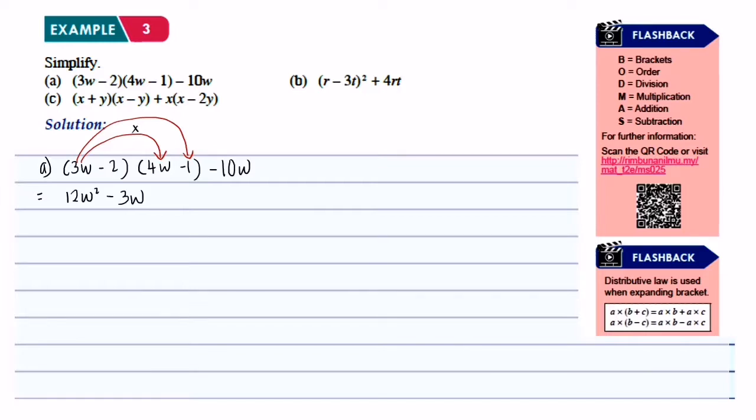After that, negative 2 times 4w equals negative 8w. And negative 2 times negative 1 equals positive 2. And don't forget, copy down the minus 10w.